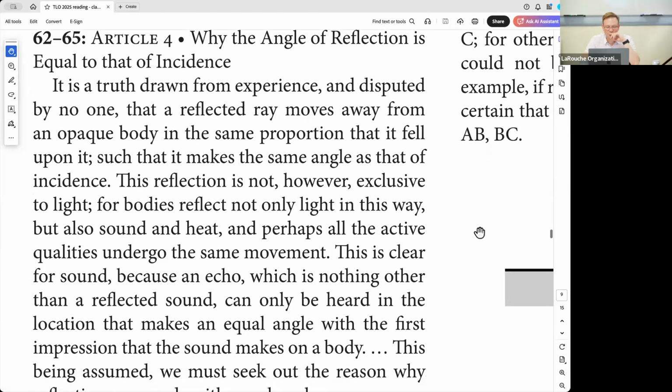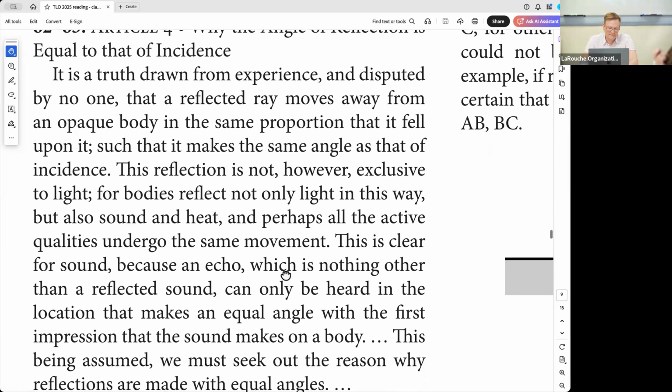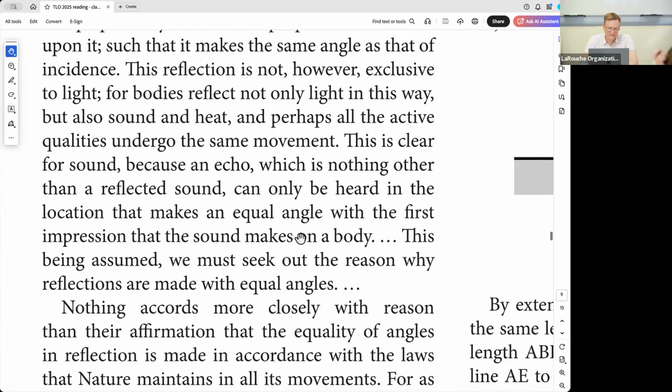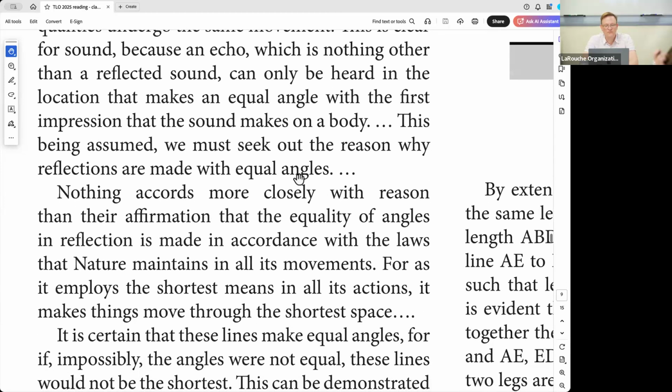This reflection is not, however, exclusive to light, for bodies reflect not only light in this way, but also sound and heat. And perhaps all the active qualities undergo the same movement. This is clear for sound, because an echo, which is nothing other than a reflected sound, can only be heard in the location that makes an equal angle with the first impression that the sound makes on a body.